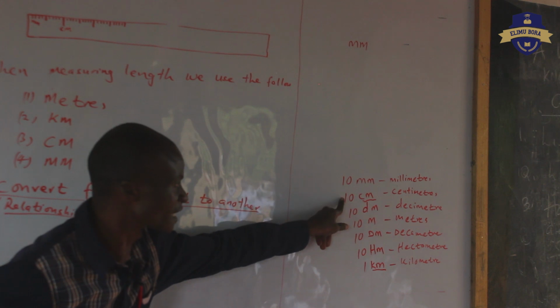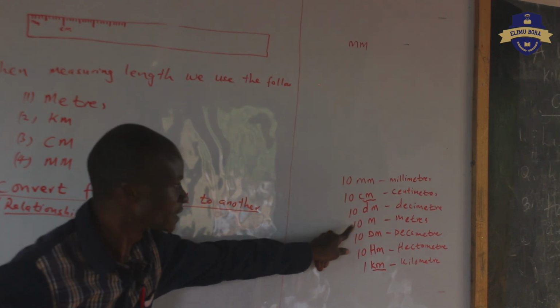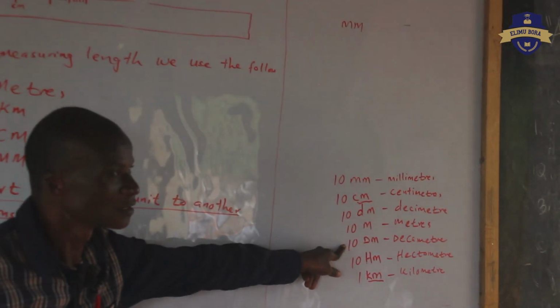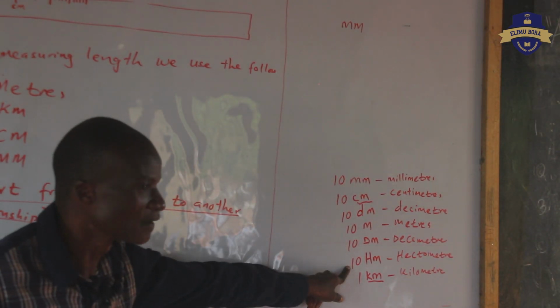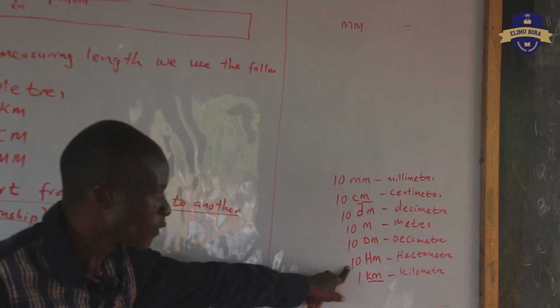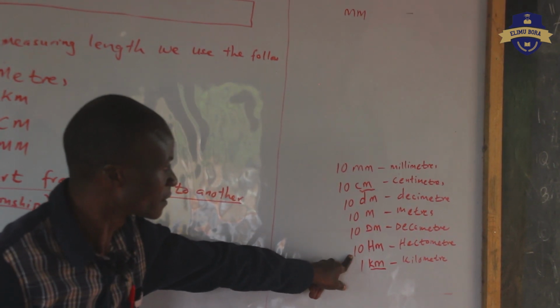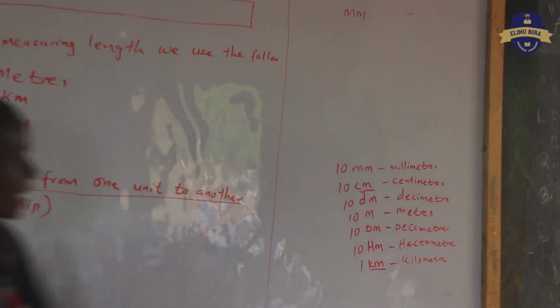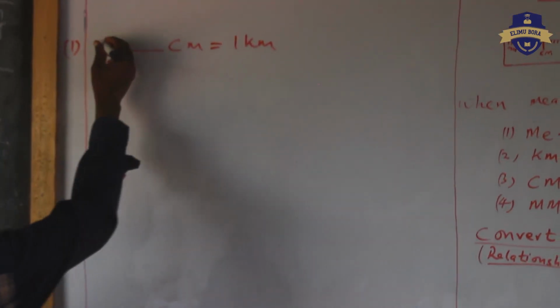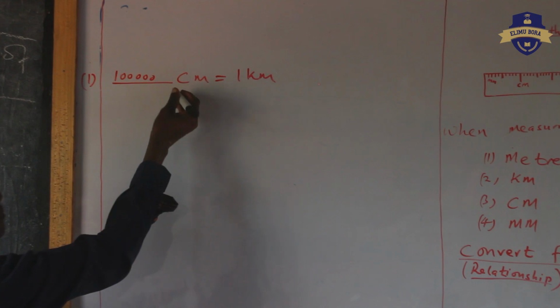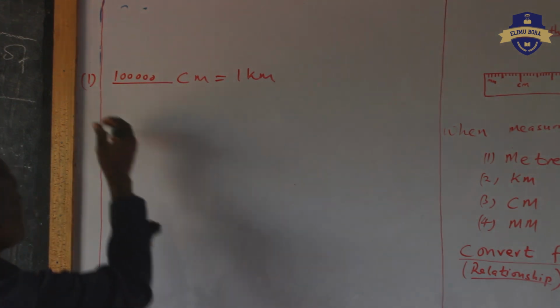We multiply 10 times 10 times 10 times 10 times 10, 10,000 times 10, 100,000. So that gives you 100,000 centimeters to give you 1 kilometer.